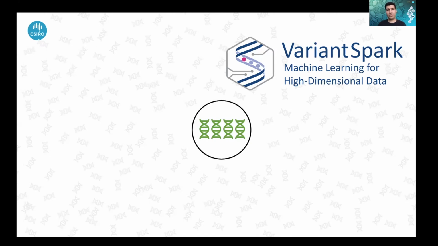VariantSpark is a machine learning software that can help you with this problem. It basically can give you a subset of genomic locations which are responsible for most of the interaction in your dataset.